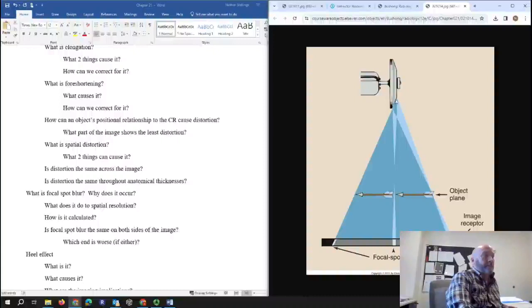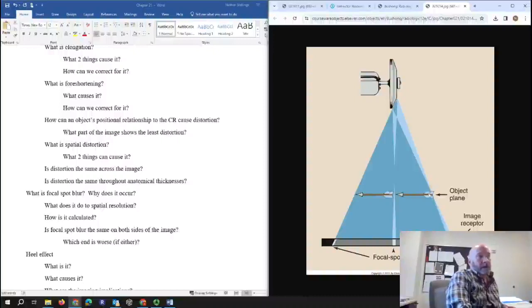If we have some X-rays that are created here, they'll escape this end of the X-ray tube and interact with the edge of the object that we're interested in seeing. We'll also have some that come from down here. So they cross over at the point of the object, and the crossover in the distance between the object and the image receptor is what gives us our blur.